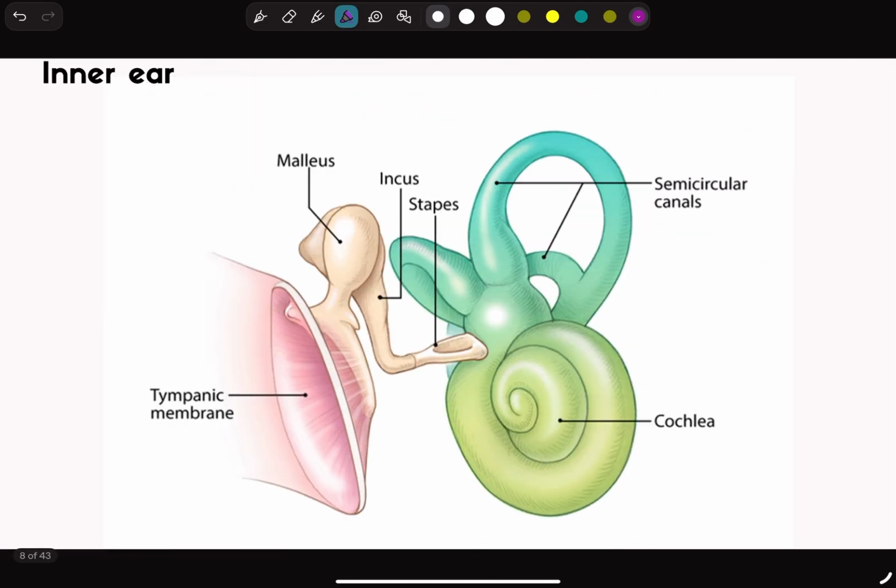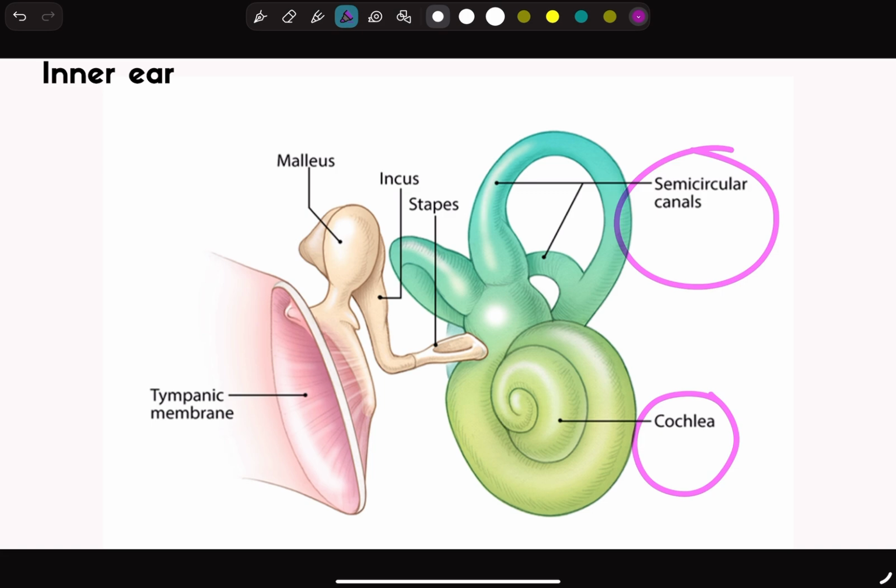Nice. Inner ear, it has the cochlea and semicircular canals responsible for balance. We'll not go into further detail of this. So just to know the cochlea and the semicircular canals is enough here.